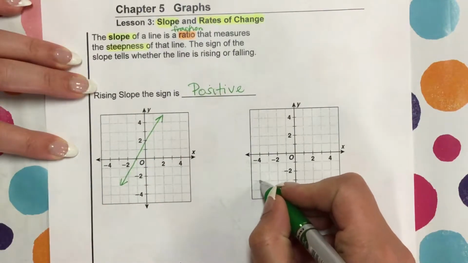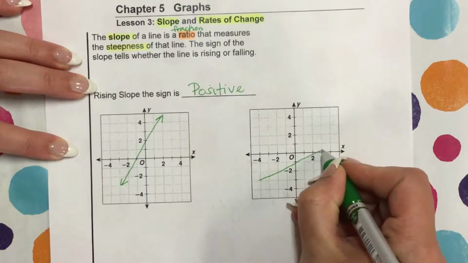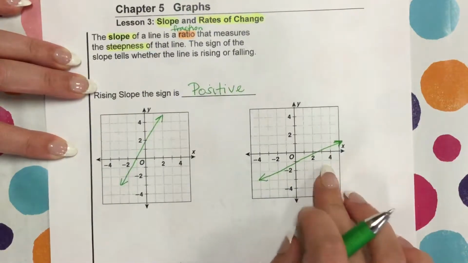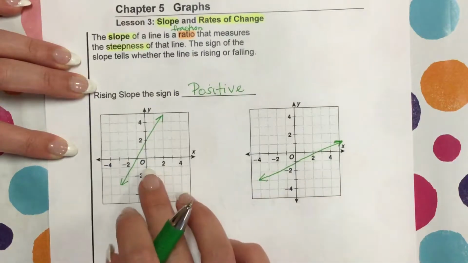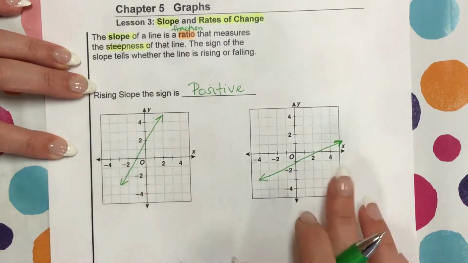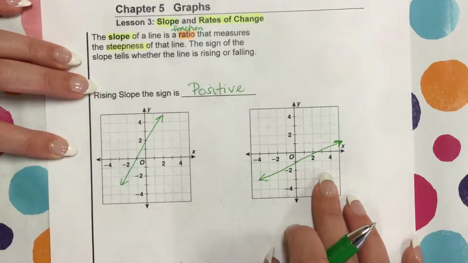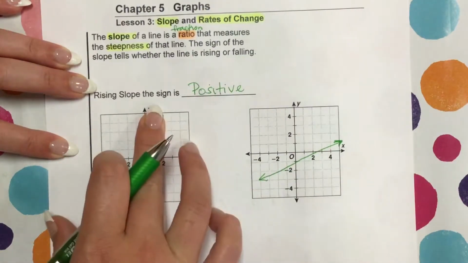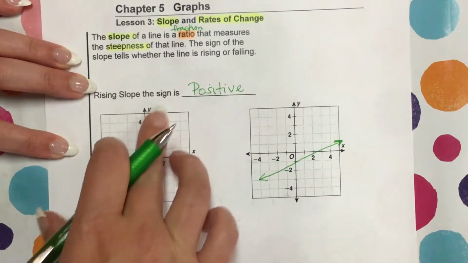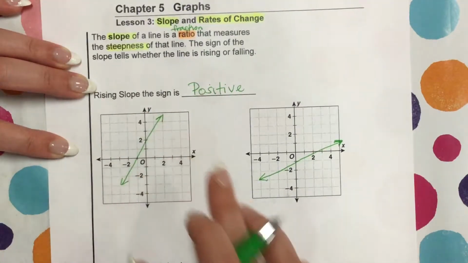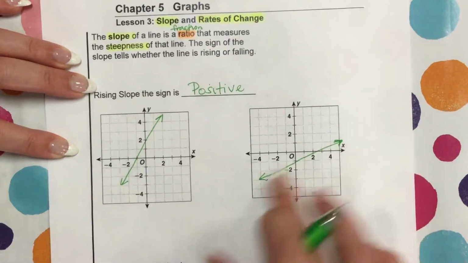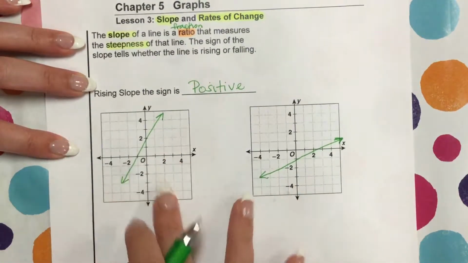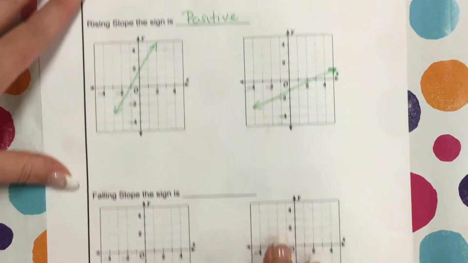So maybe something more like this. This is still rising. It's just not as steep, but the slope would still be positive. So the slope for this example would be positive, and the slope for this example would also be positive because these lines are rising. One is just rising more quickly than the other. This one isn't rising as quickly, but they're still rising, and so the slopes would be positive.